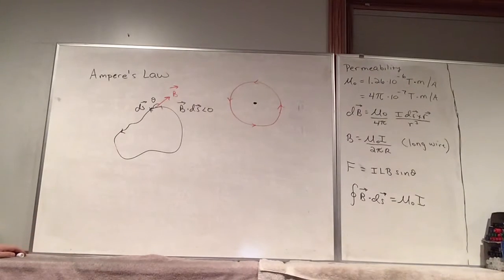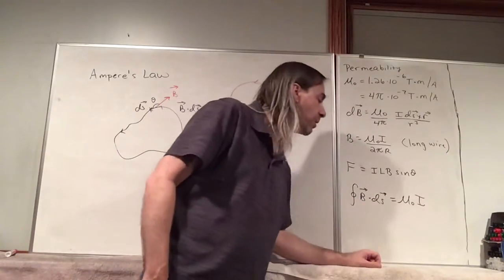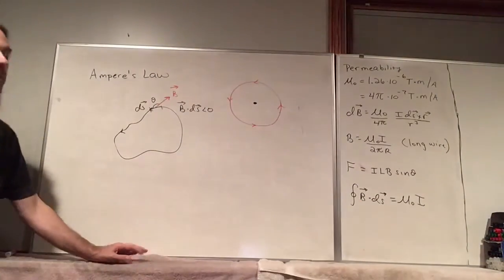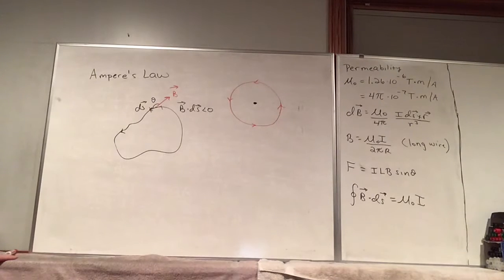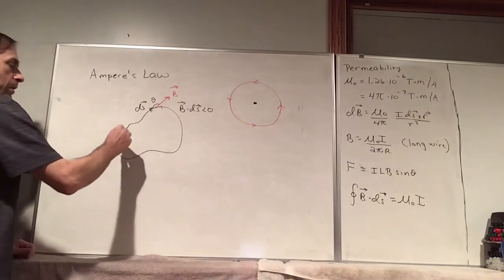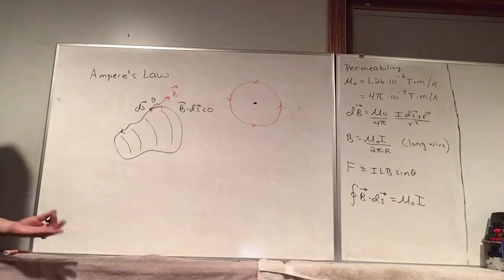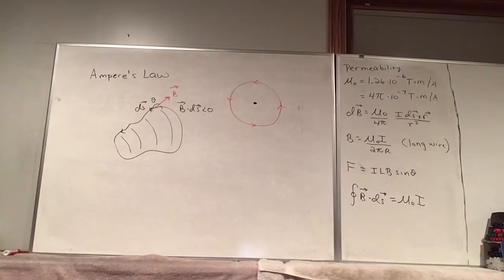And what Ampere's law is saying is that this integral is proportional to the current. Now, to be clear, what current are we talking about here? Because we have a closed curve, it encloses an area. And so the current is whatever current is passing through this area.